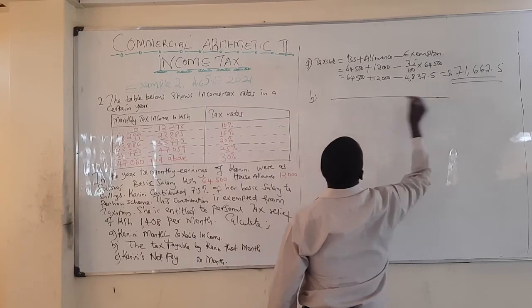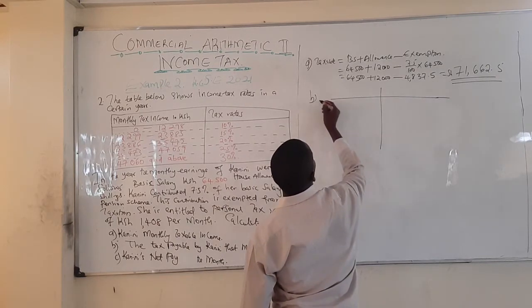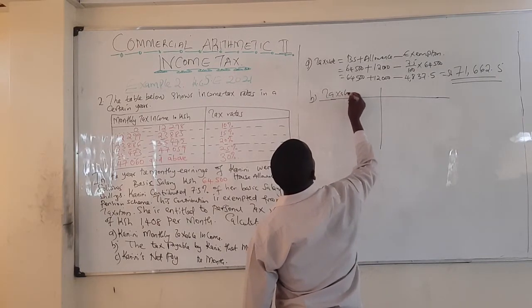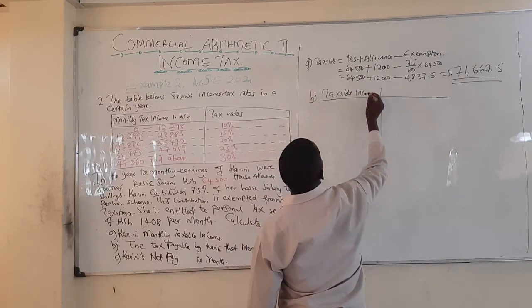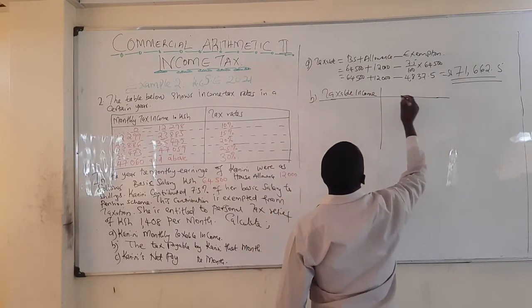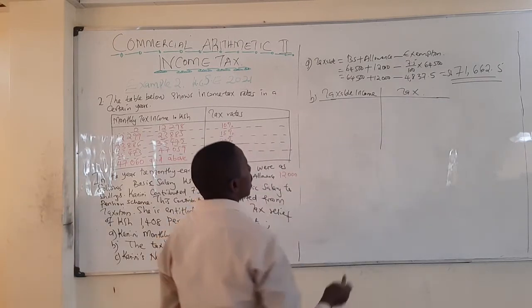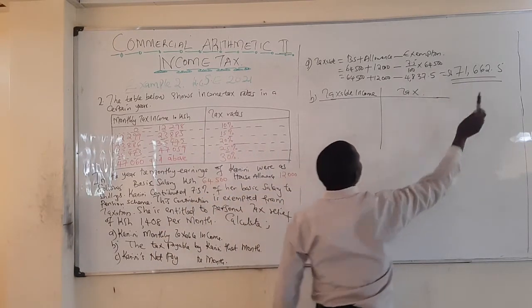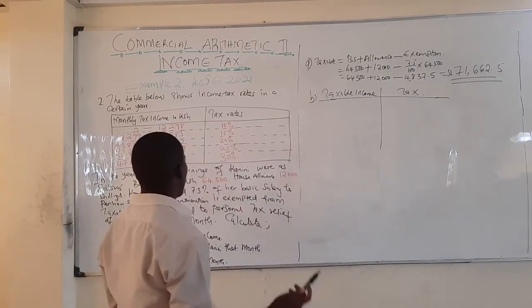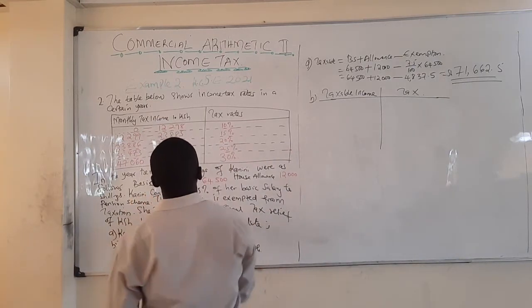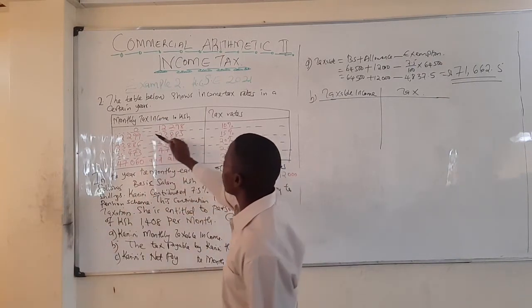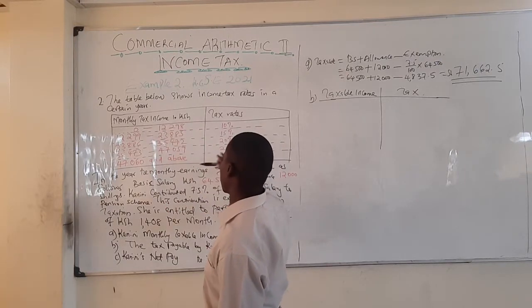On one side, you have the taxable income, and on the other side, you're going to be having the tax. So we look at our taxable income. We have 71,000, and when you look at our table here, we check how far you are going to tax this money.